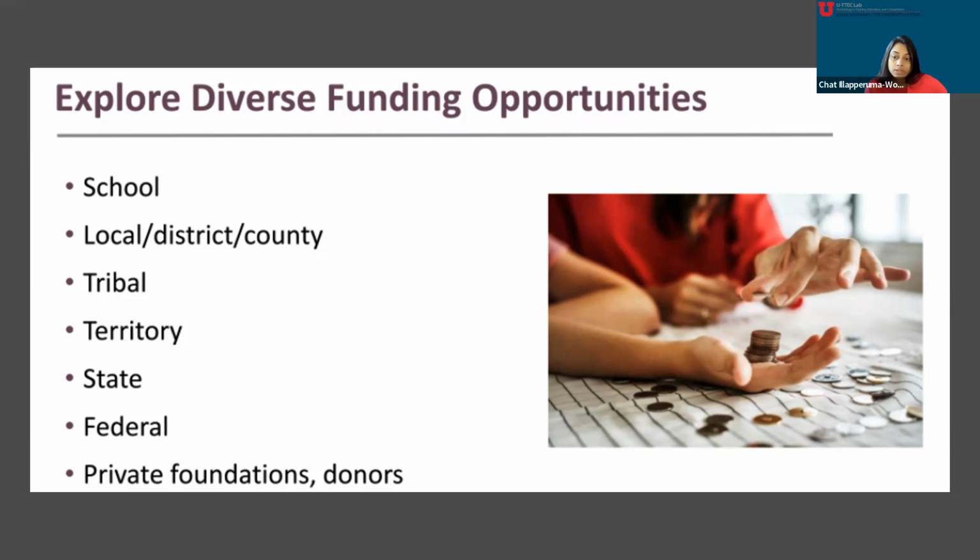And then you also have children's health insurance programs, which provide health coverage for families with incomes that are too high to qualify for Medicaid, but who still cannot afford private coverage. And then you also have state health initiatives, and then you have taxes. Then at the federal level, you again have block grants, you have project grants, direct payments, legislative earmarks, and then at the private foundation or private donor level, you have pilot projects, behavioral health prevention and promotion activities.